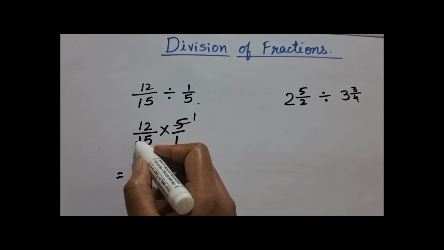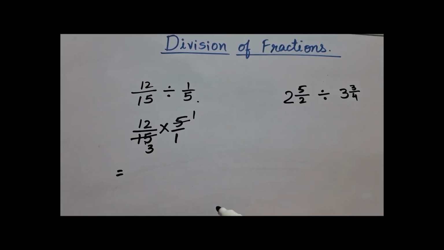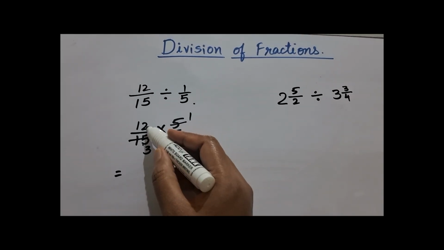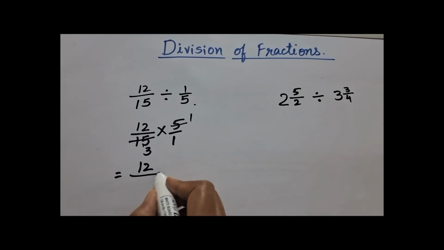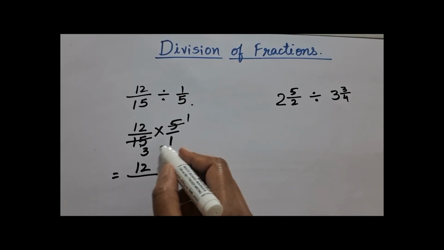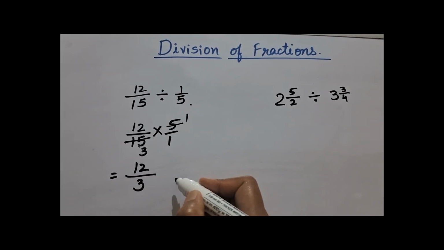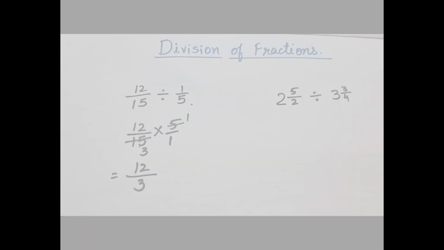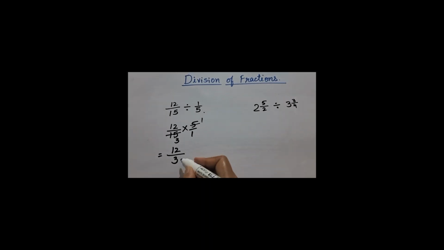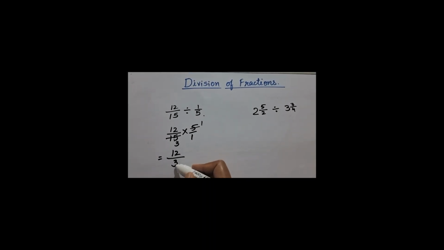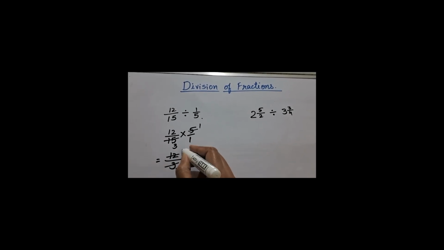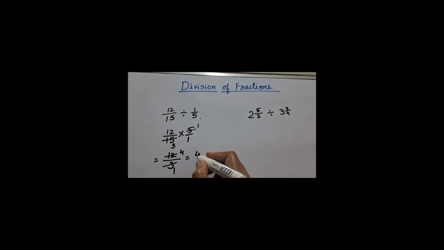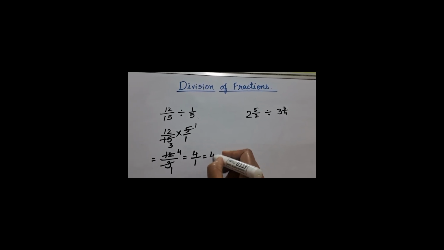So 5 ones are 5, 5 threes are 15. Okay. Now here what is left over in the numerator? 12 into 1, that is 12 by, in the denominator 3 into 1, that is 3. Okay children. Now here again we can see that the numerator has a common factor with the denominator. So 3 ones are 3, 3 fours are 12. It is left over with 4 by 1, that is nothing but 4.